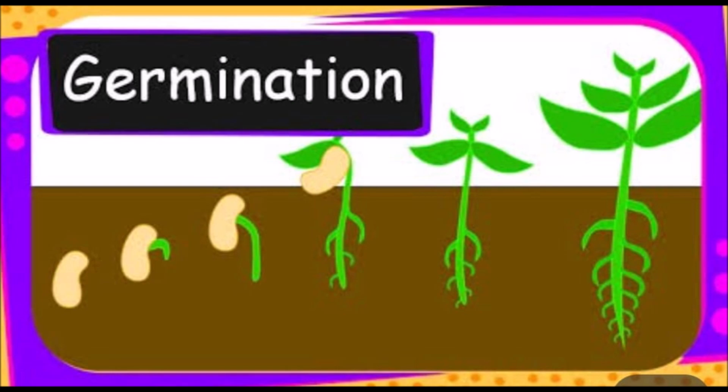Children, don't go out anywhere, don't take risks. Some fruits or plants will be near your home. Collect the seeds, paste them in a chart, write the name of the fruit, and send it in the WhatsApp group. Thank you.